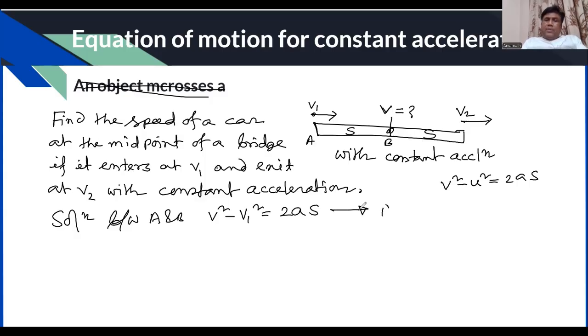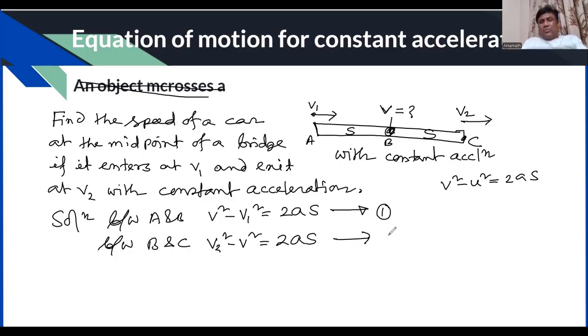This is equation number 1. Now between B and C, say this point is C, V2 square minus V square equal to again 2AS only, because S is same and acceleration is also constant.